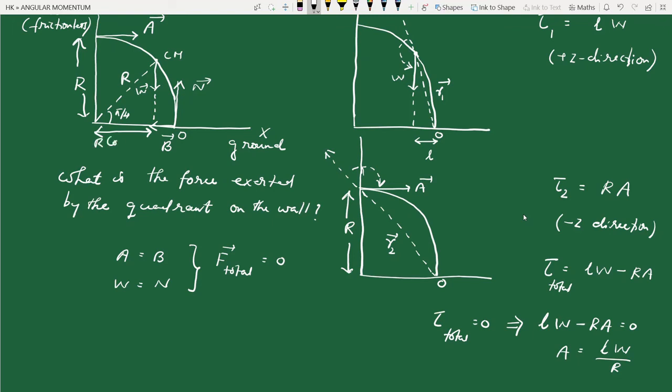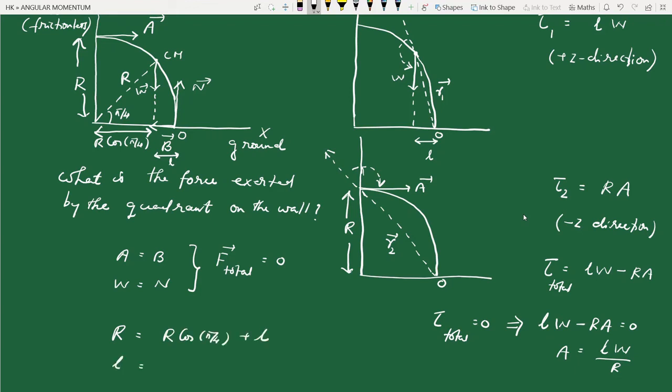And from here to here the distance we have marked as L, whereas the total distance from this point to O is r. So from the figure, r is equal to r cos pi by 4 plus L.